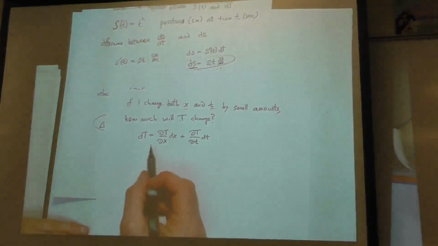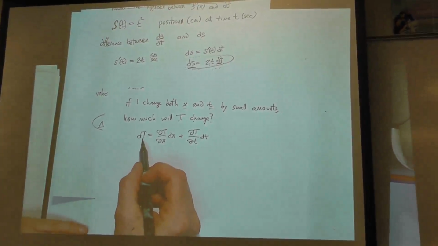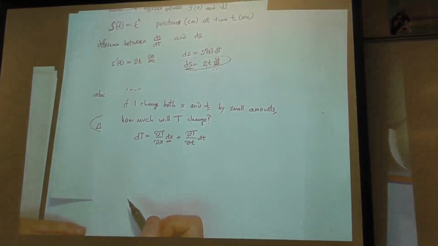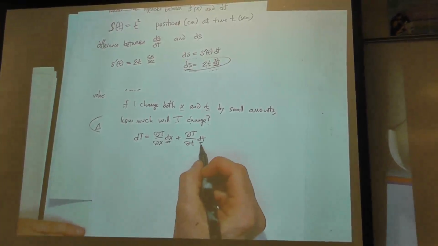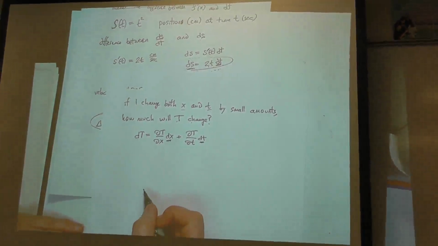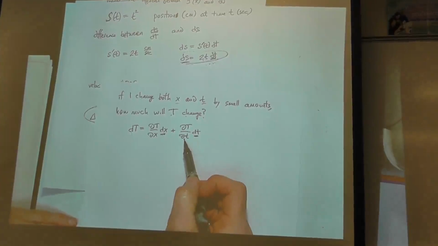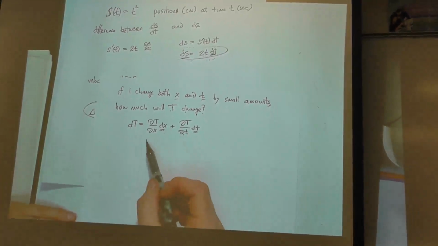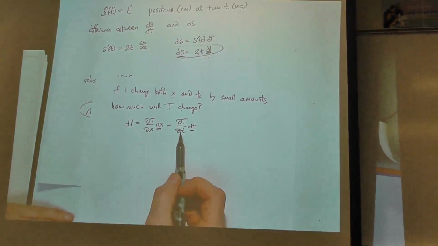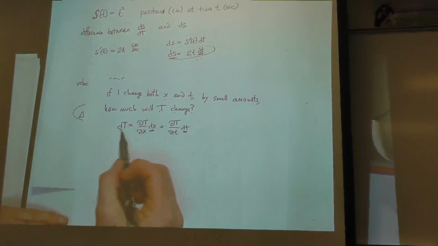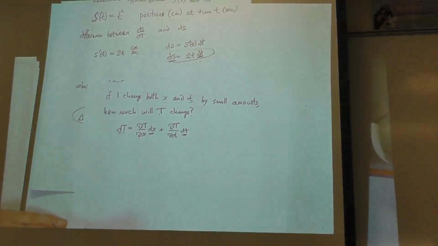What we see is that if we have small changes in x and small changes in t, we multiply them by the corresponding rates of change in my function with respect to both x and t, add together, and it's going to give us this.